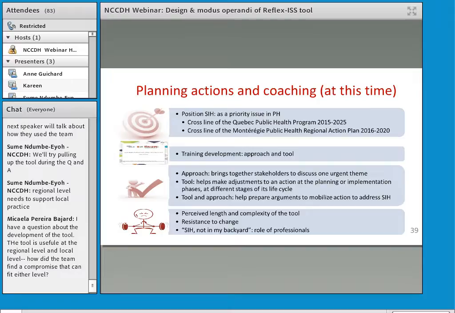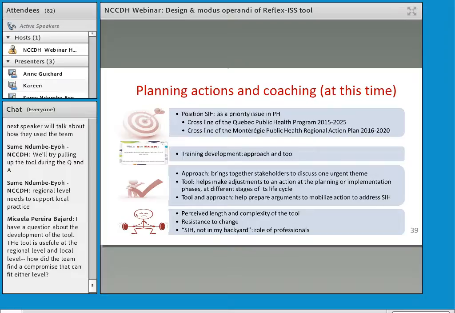And in Montérégie, we decided also in our regional action plan that it was one of the main preoccupations that public health actors, local and regional, have to focus on for their action. So the position of social inequality was a priority, and it helped us to bring all kinds of actors in the same way we want to go to act on social inequality.